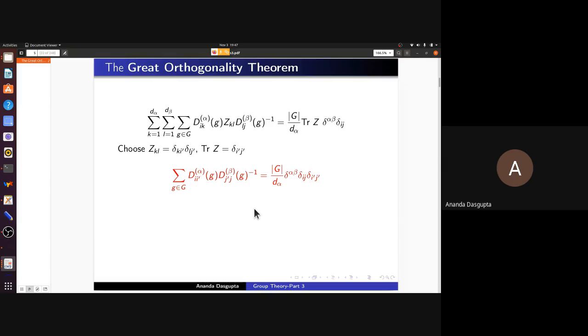The name orthogonality should tell you that it's really the 0 which is more important than the non-zero value, right? When do you use the term orthogonal? You say two vectors are orthogonal when the inner product vanishes, or in class 12 language when the dot product is 0, right?